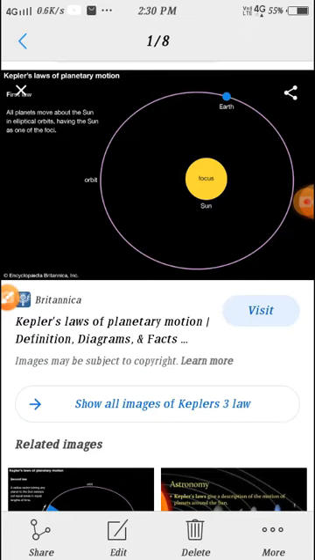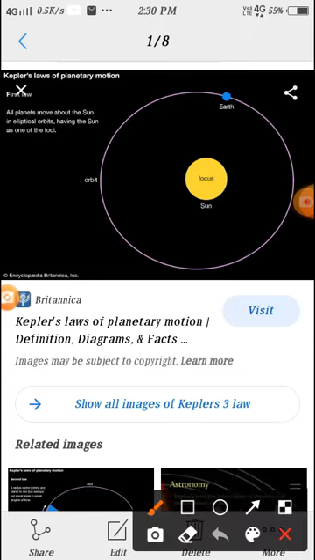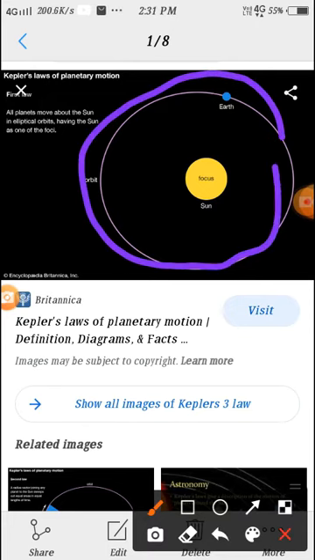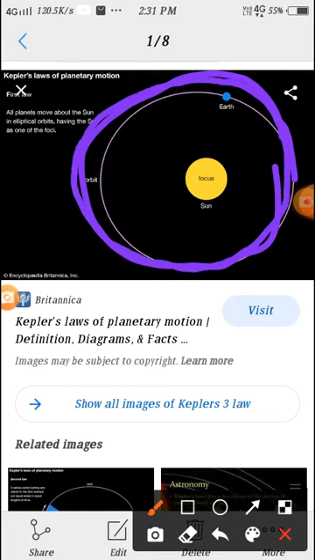According to this law, all the planets revolve around the sun in an elliptical orbit, with the sun at one of its foci. So this is the orbital law, also known as the law of elliptical orbit. This is the first law of Kepler's.